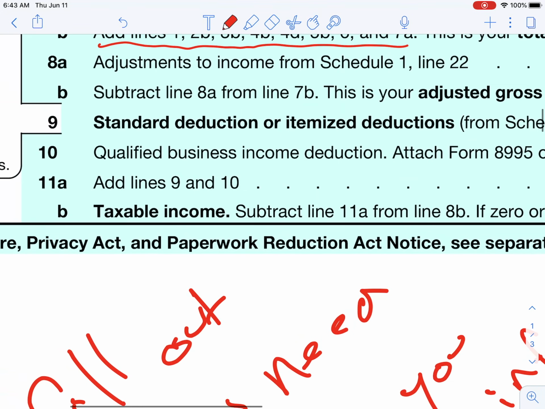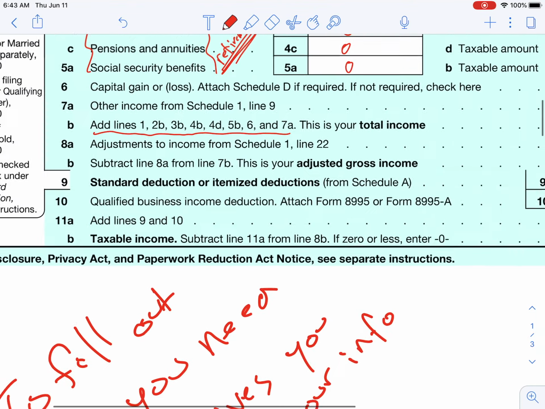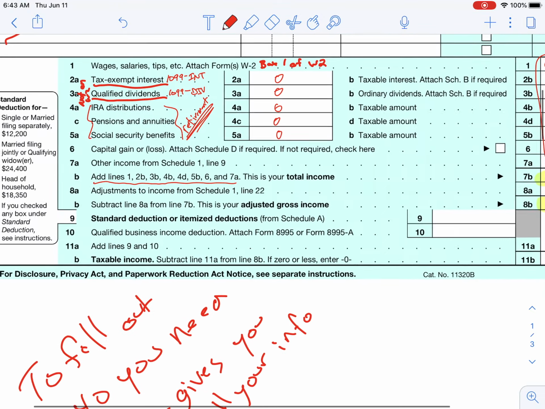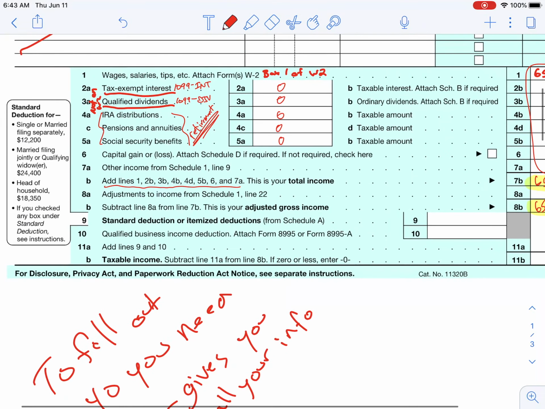All right. Now, our goal as citizens is to pay the least or show the least amount of money that we make. To get our adjusted gross income as low as possible, we have things called deductions. If you have kids, it's a deduction.